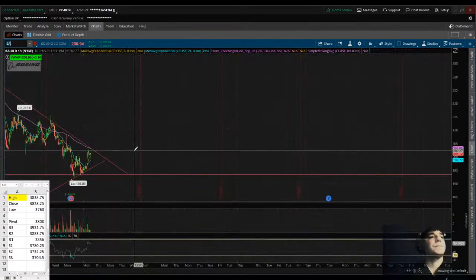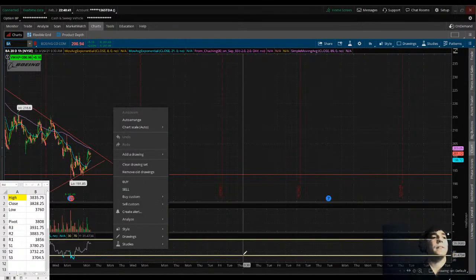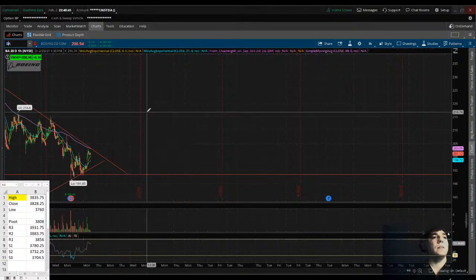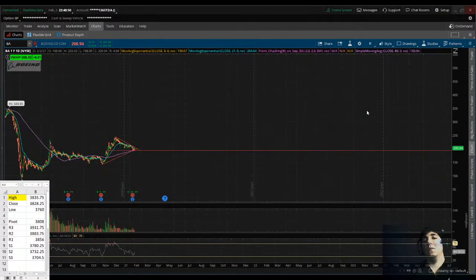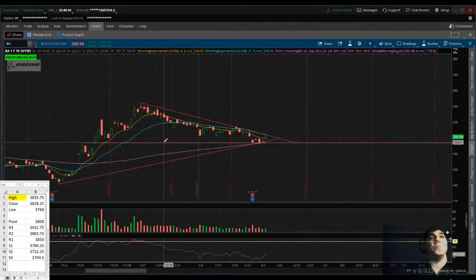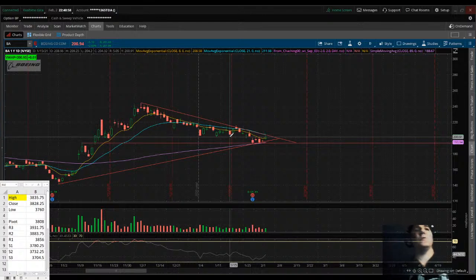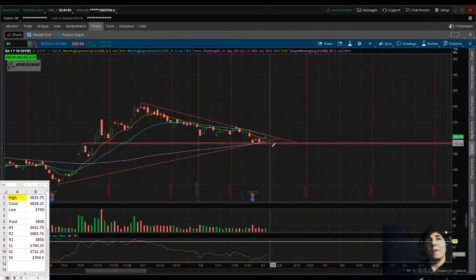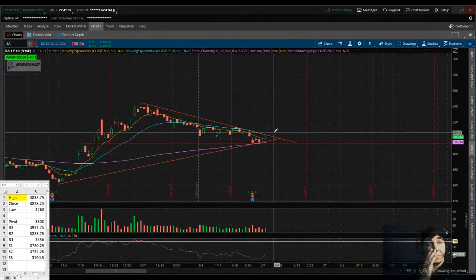Boeing, we actually still have not gotten the break that I'm expecting on this, and that's why I put out a play for next week that I went in. So we've got this big old triangle here, and we're seeming like we're going to break up and out of here.